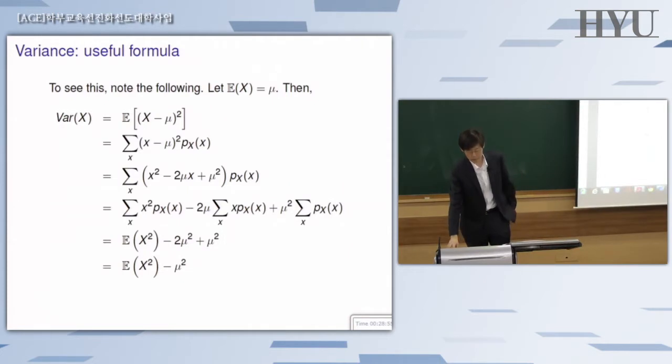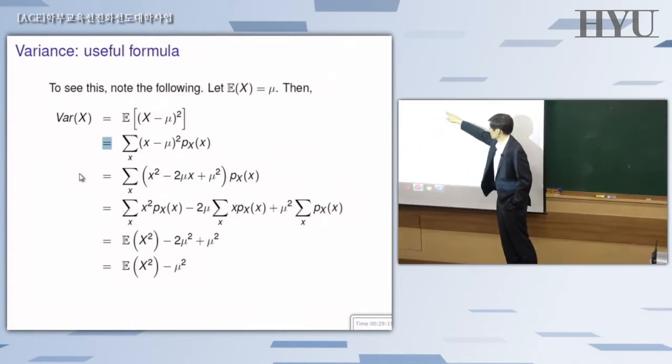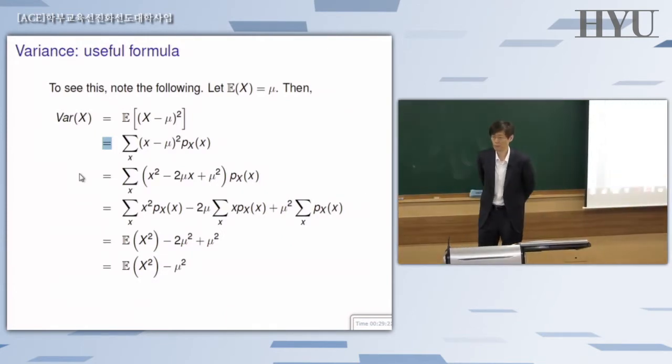So where do we get this equality here? How do you justify it? Given that this p of x is the probability mass function of x, so it's the PMF of x. That's why there's an x as a subscript. So that's the result of the proposition.